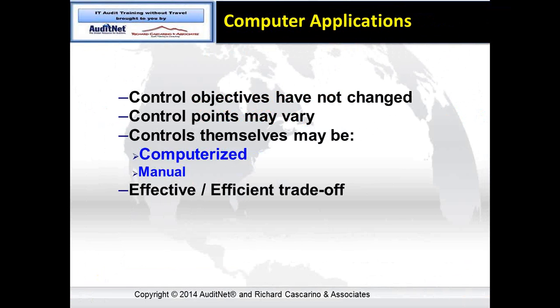And the degree of effective control is typically a trade-off for efficient control. The more control you want in the computer, the slower it's going to go, the more overhead, the longer it's going to take, the less performance you're going to get as it checks everything.